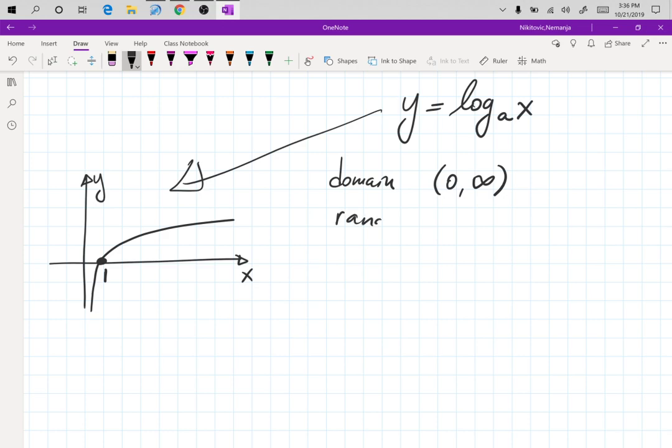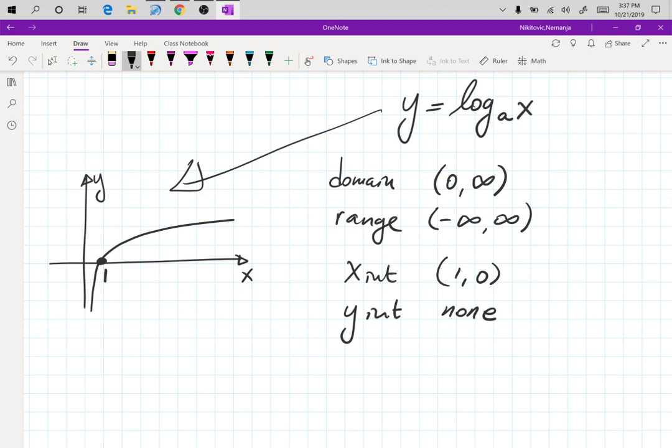Range is going to be from negative infinity to positive infinity, going all the way from negative infinity on y to positive infinity on y. And then we're going to have the x-intercept, which is going to be at (1, 0). Then the y-intercept, which is going to be none. We don't have one.